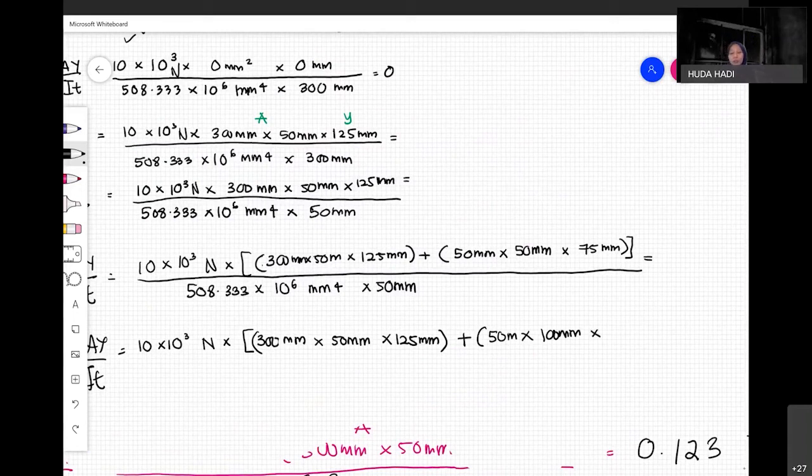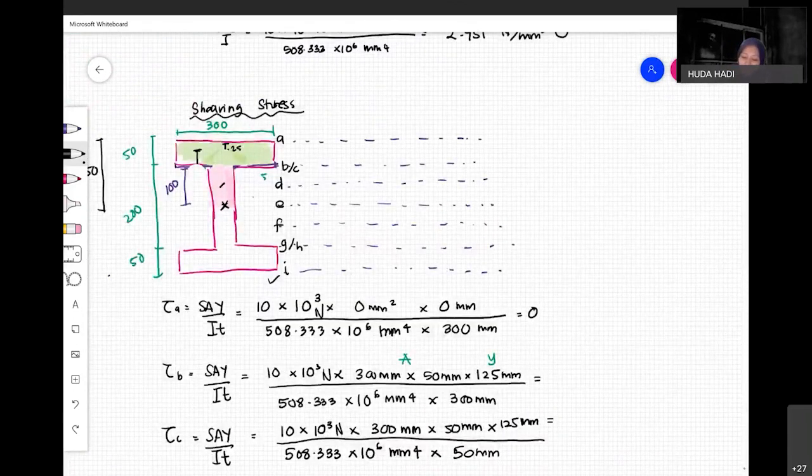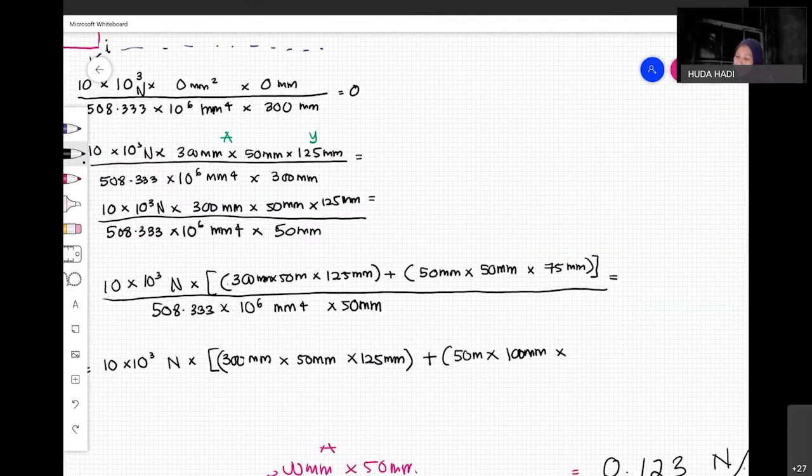Okay. And then you need to times with the value of Y. So value of Y daripada mana? So centroid dia ni. Untuk rectangle ni, pergi kat sini. 50. Thank you. So 50 lah. 100 divide by 2. So you simply dapatlah 50 mm at this point.